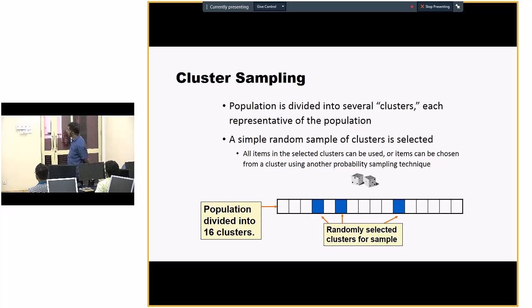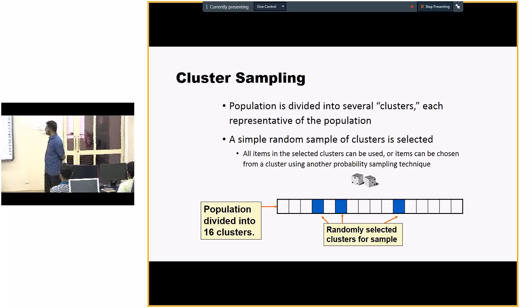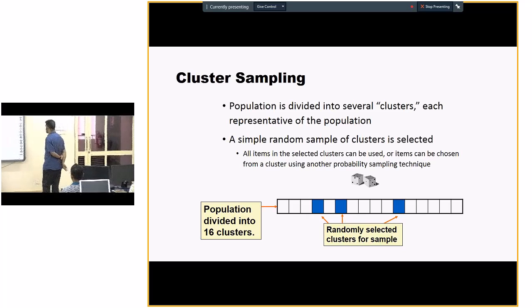A simple random sample of clusters is selected. All items in the selected cluster can be used, or items can be chosen from a cluster using other probability sampling techniques, right?